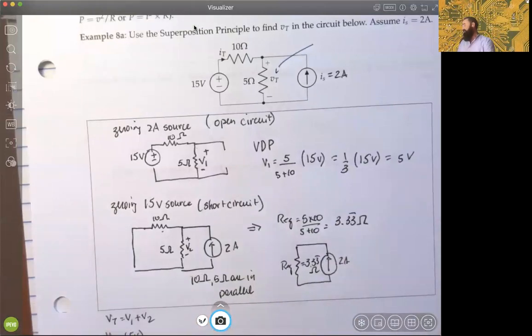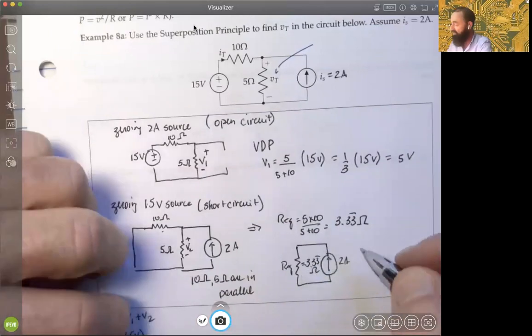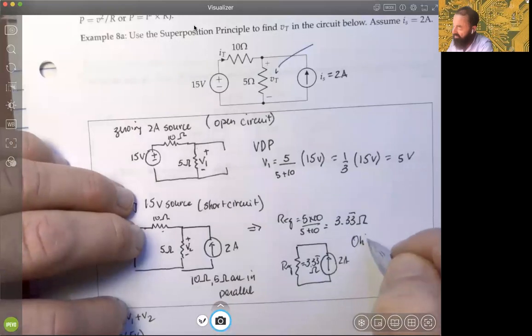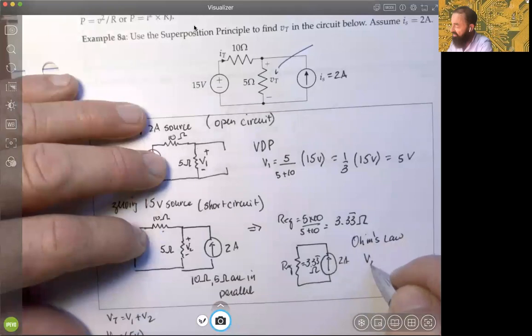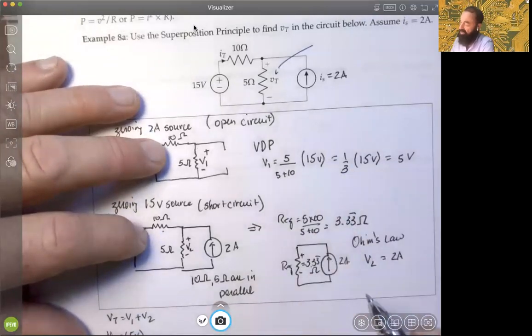All right. So we have a current coming in, and we have a resistance here. So therefore, Ohm's law. Again, for a resistance, we could get the voltage. So V2 must be the 2 amps, again assuming this is plus minus, where the voltage is there. So that would be PRC.